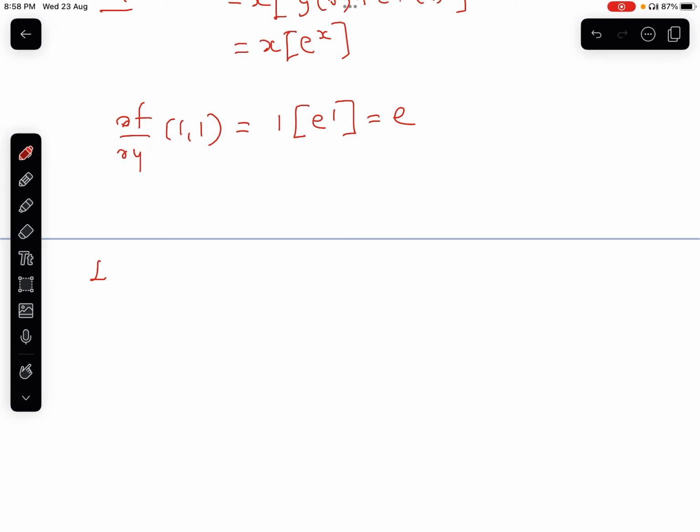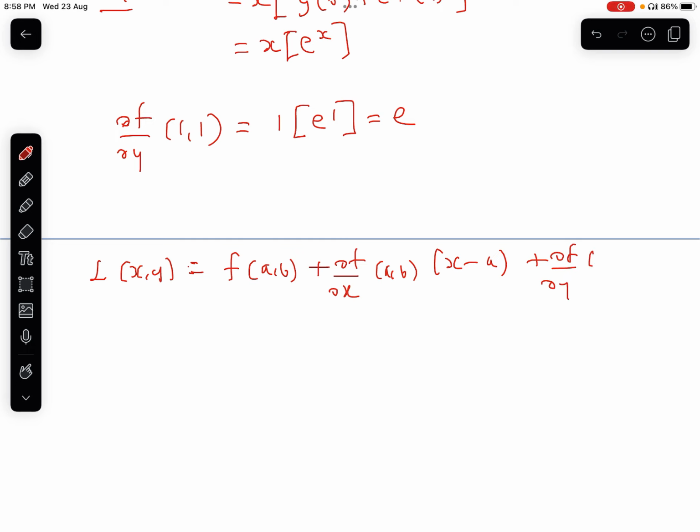So rewriting the formula for the linear approximation, L(x, y) is equal to f(a, b) plus ∂f/∂x(a, b) into (x minus a) plus ∂f/∂y(a, b) into (y minus b).